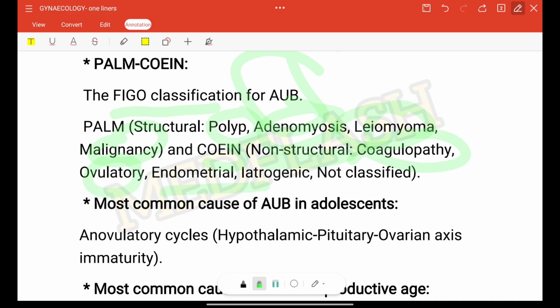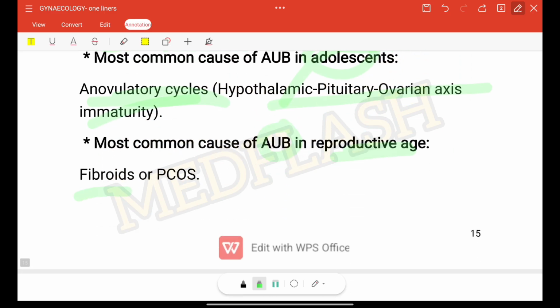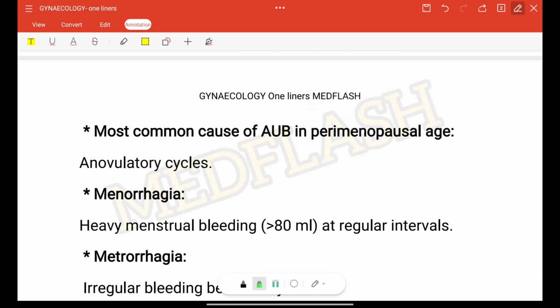Most common cause of AUB in adolescence is anovulatory cycles, due to HPO axis immaturity. Most common cause of AUB in reproductive age is fibroids or PCOS. Most common cause of AUB in perimenopausal age is anovulatory cycles.